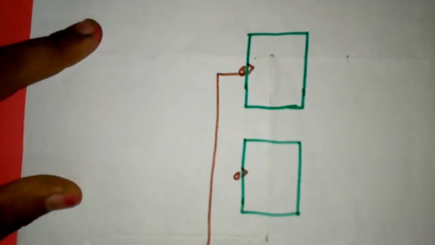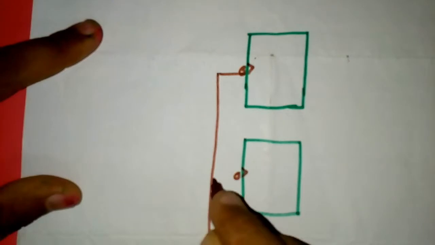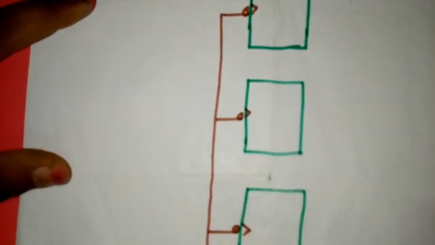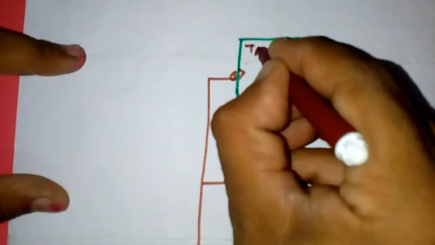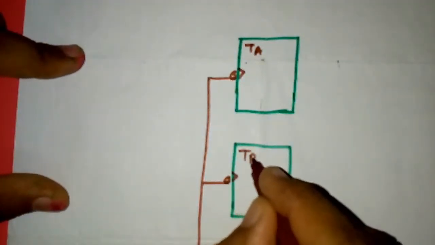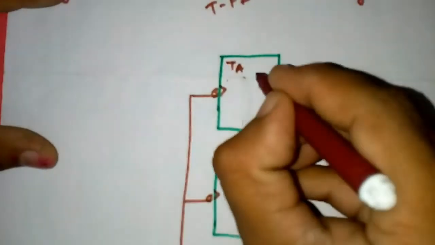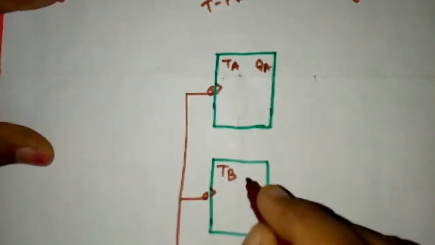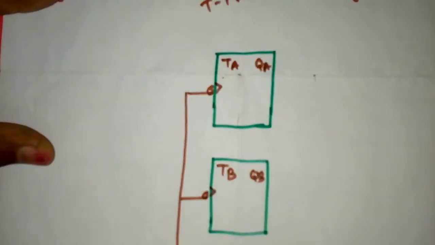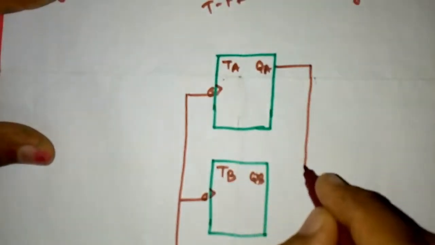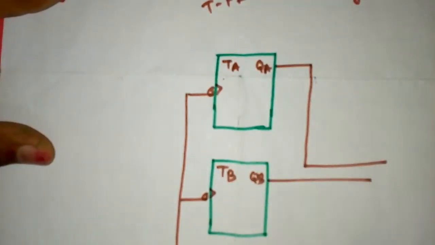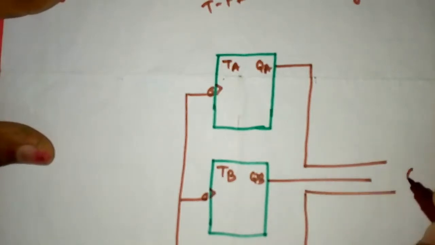This is called a synchronous circuit, that's why the clock is given simultaneously. So this is called the clock. These are the T flip-flops: T of A, T of B, and T of C. The outputs are Q of A, Q of B, and Q of C. This is called the output.